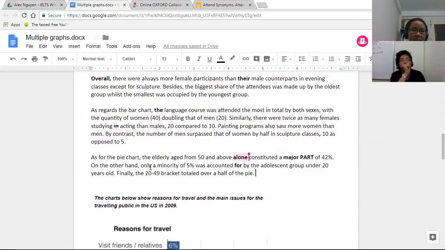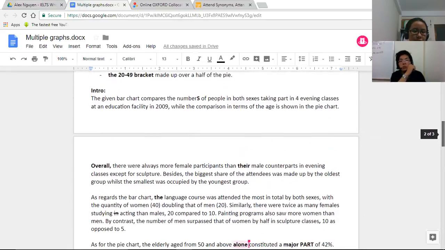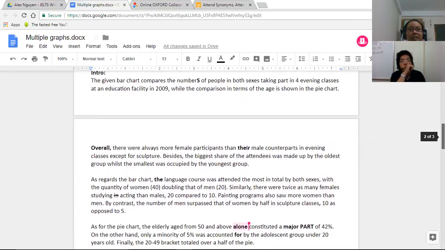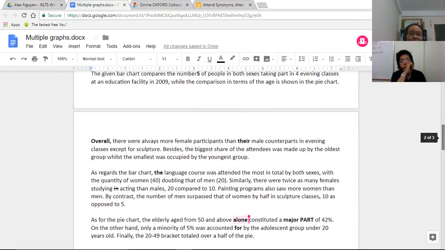On the other hand, only 35% was accounted for by others. So now let's look at what I think you should do: read quickly. You should skim or go through the entire essay to see how it is going.